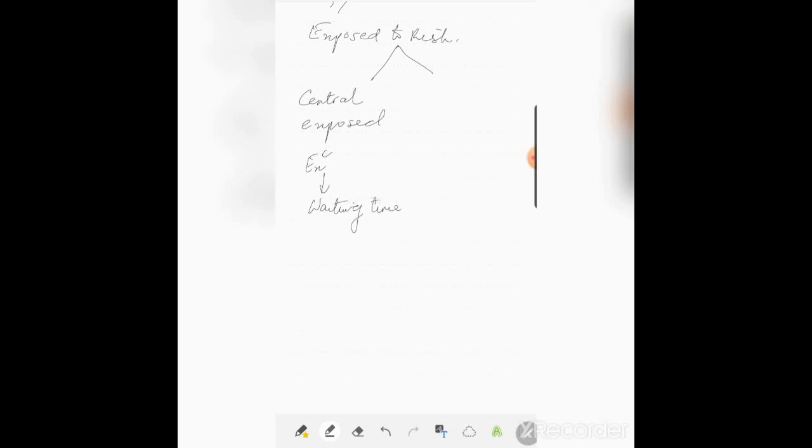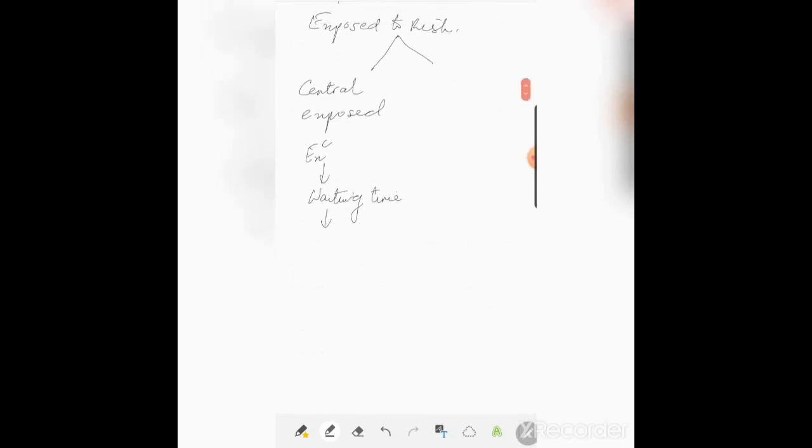This is actually observed, and when the death happens, it is only counted upon the period of time. So this is what we call the central exposed to risk, and it's applied in the multi-state model or the Poisson model.